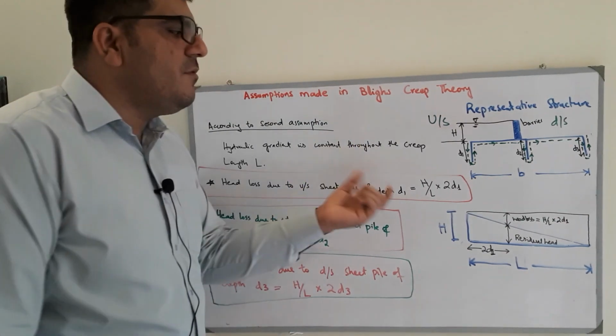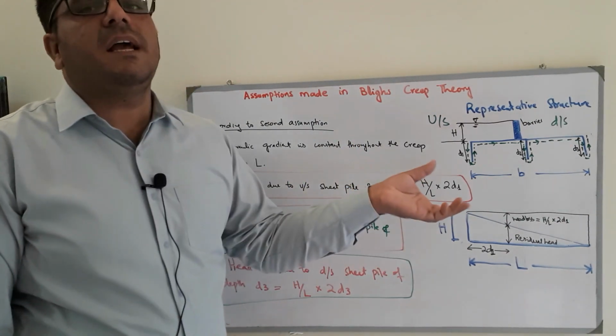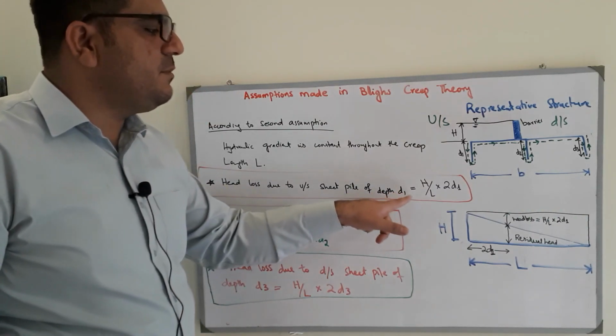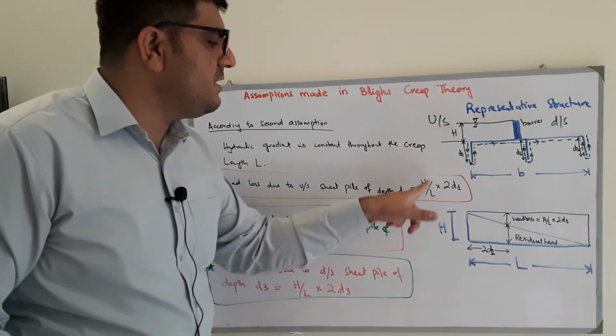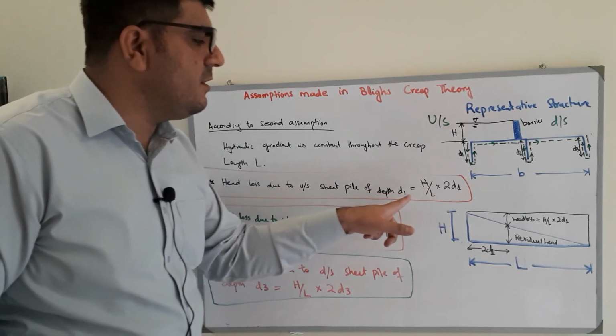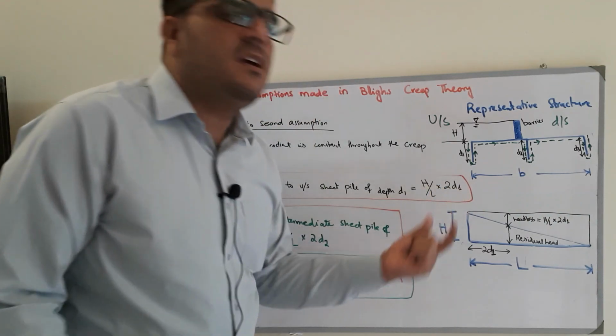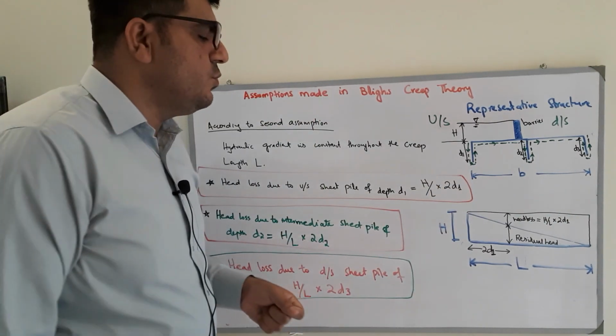Simply I will take the hydraulic gradient and multiply it with the distance. So the head loss due to the upstream sheet pile of depth D1 is basically the hydraulic gradient, H over L, multiplied with the total distance, which is 2D1.